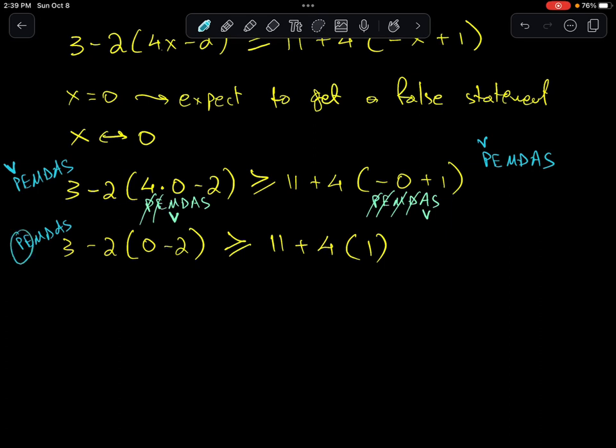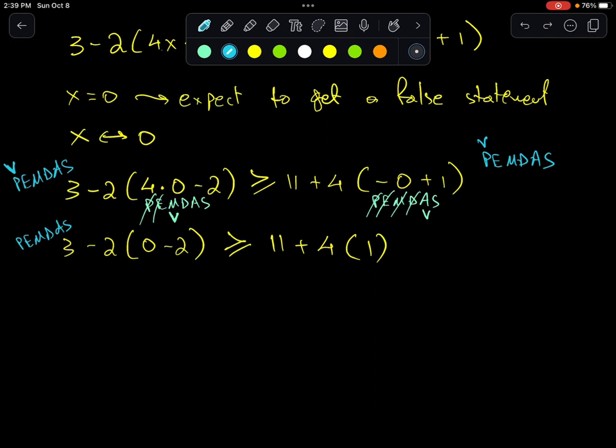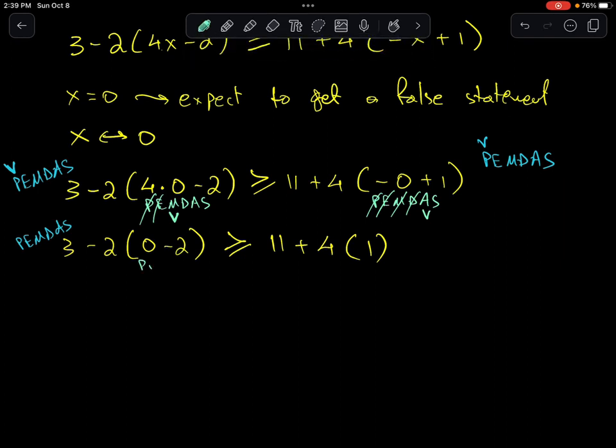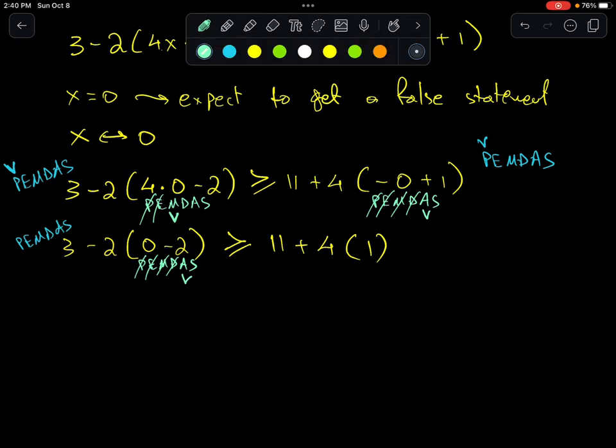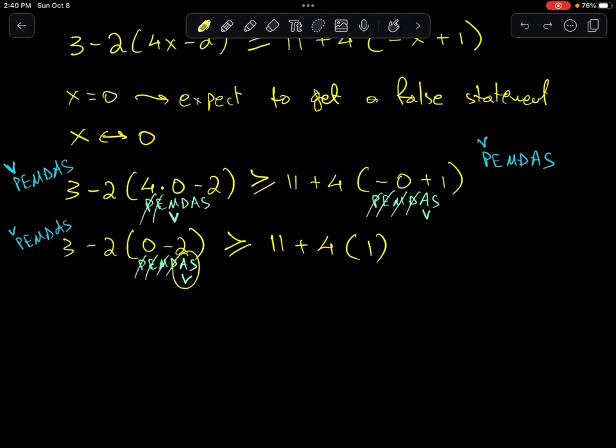Do I have a parenthesis on the left? Yes. Is there anything to do? Let's find out. Let's do a little PEMDAS. Do I have a parenthesis inside the parenthesis? No exponents, no multiplication, no division, no addition, subtraction. Yes, it's 0 minus 2. So I have to do addition, subtraction. Therefore, I'm still on the letter P. Everything drops other than addition, subtraction inside this parenthesis.